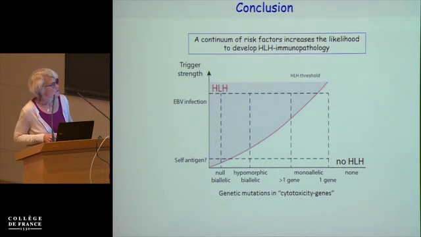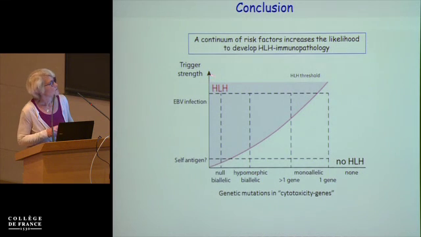In the context where there is a residual cytotoxic activity which is preserved as a result of biallelic hypomorphic mutation or monoallelic mutation in more than one gene, the relative weight of additional genetic factors or environmental factors is greater. And in this context of HLH with residual cytotoxic activity, EBV infection is a frequent trigger and is required to reach this threshold.